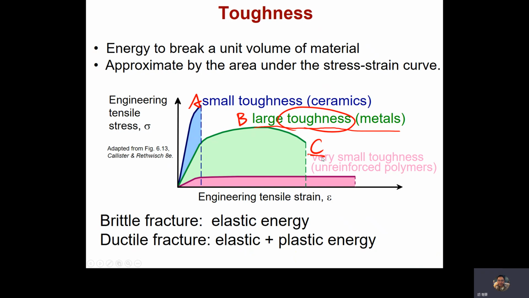So if you choose material A or B to make the car, when the accident happens, either you will be crushed into pieces, or you will be deformed.